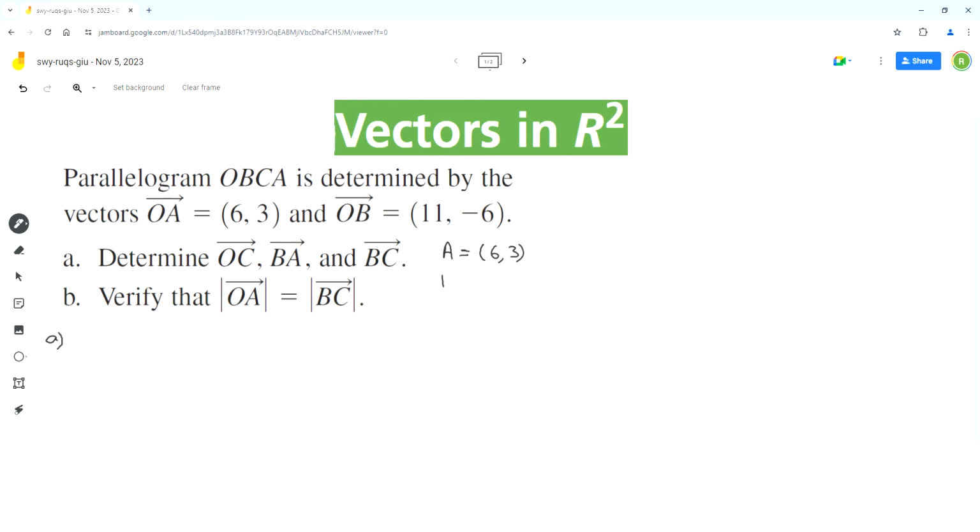Similarly, point B is (11, -6). Now we can use this information to sketch the parallelogram.